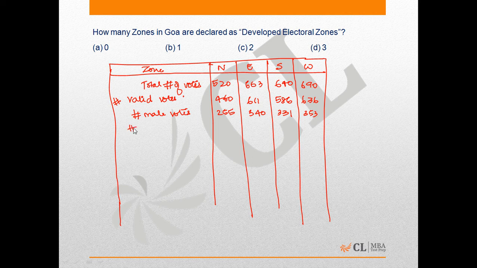Out of this, the number of valid votes by male is 235, 308, 298, and 320. Now next is the number of female votes.